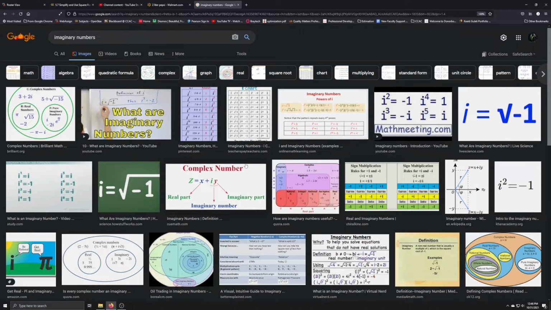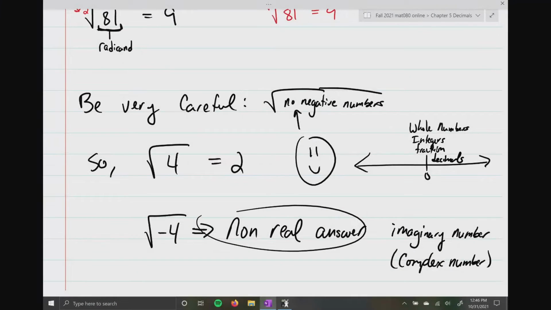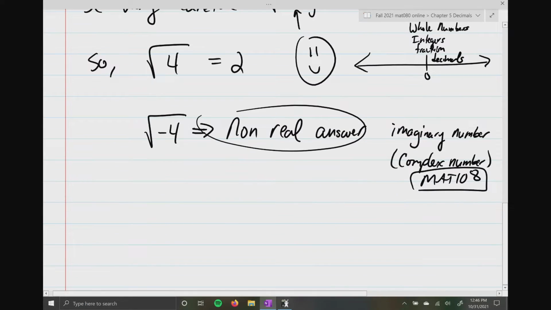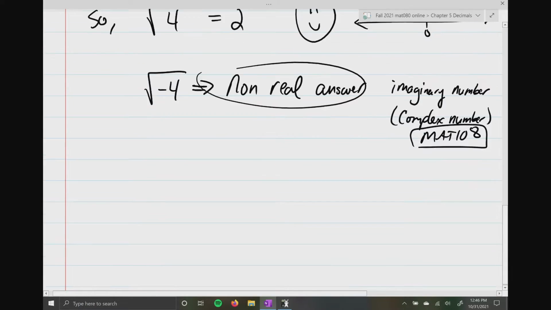Now, you will not see imaginary numbers in your math course until maybe, and I'm really stretching this out here, maybe MAT080, but definitely in MAT108. So if you have me for MAT080 or MAT108, definitely MAT108, you will see complex numbers. Okay, but other than that, just know for now, if you got a negative underneath the square root, you get a non-real answer.